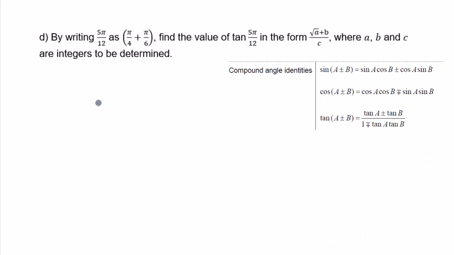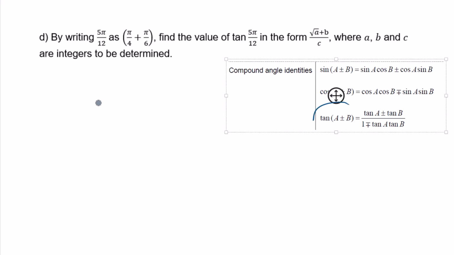D. By writing 5 pi over 12 as pi over 4 plus pi over 6, find the value of tangent 5 pi over 12 in the form square root of a plus b over c, where a, b, and c are integers to be determined.